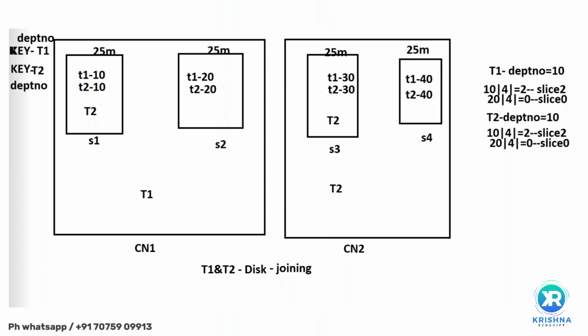But in each room, people are from the same department. Similarly, the department table is also distributed based on department, so the sales department record will go to the sales room only, right?